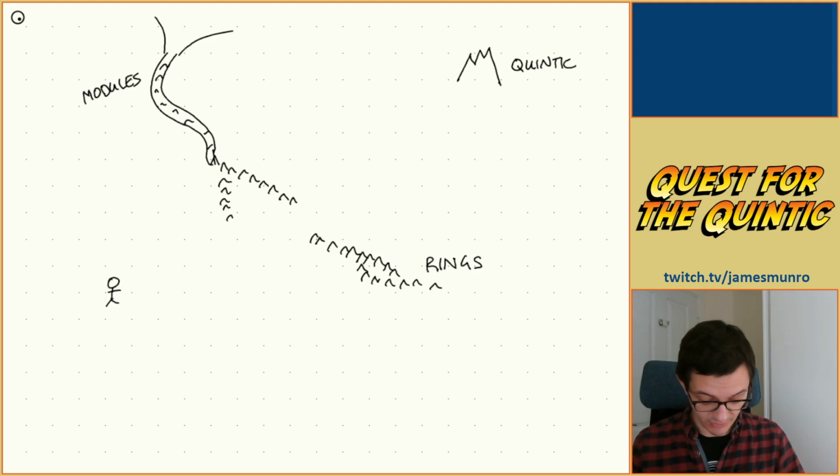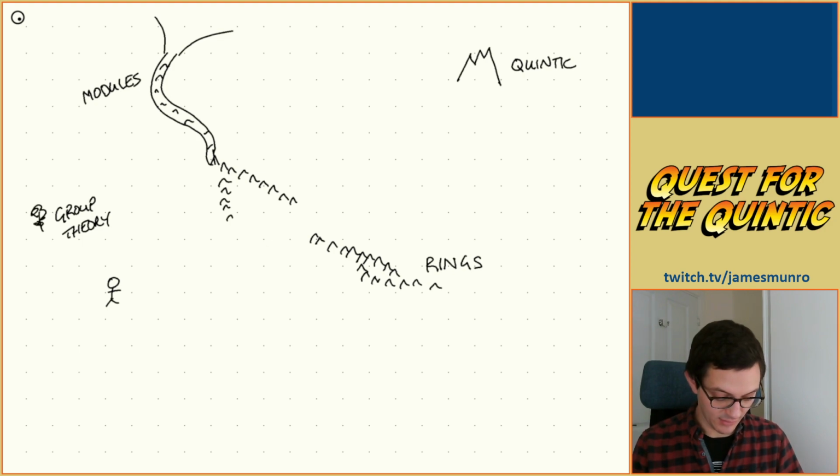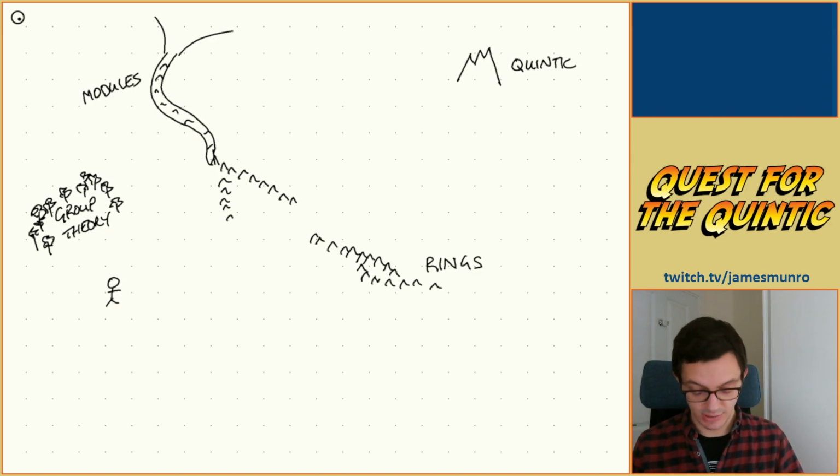On this side of the mountain range, things that are a bit more familiar to me, we've got things like group theory. That's like some sort of lovely forest over here, full of, I don't know, elves or something helpful, which are going to help us on our way through the mountain range to the Quintic.